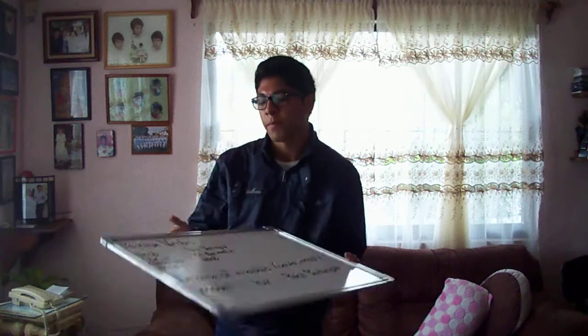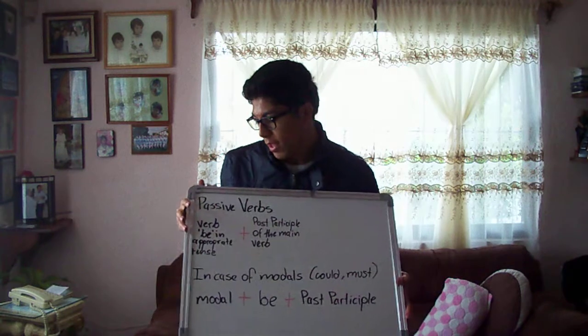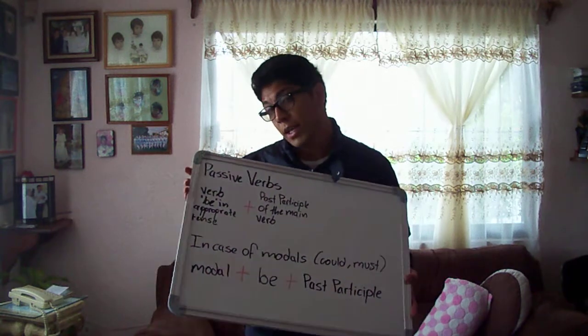Well, in this video I have to talk about the passive verbs. I have to teach something, and my theme is the passive verbs. So, well, passive verbs. It is the verb be in the appropriate tense.